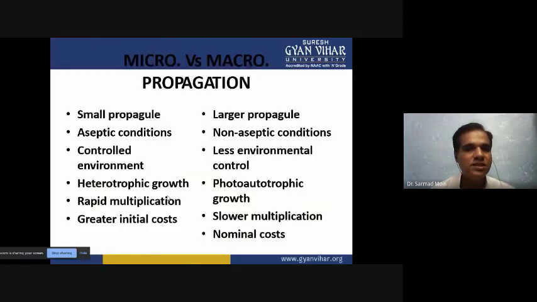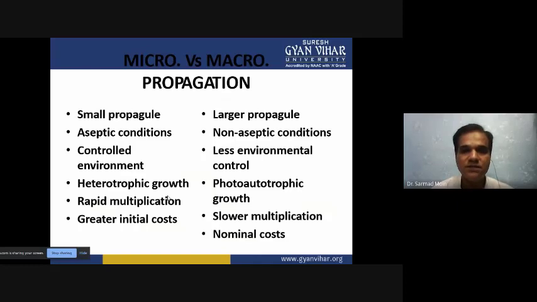Now, two terms: micropropagation and macropropagation. If we take the plant explant at the micrometer scale, we call it micropropagation. From that small part, in the micrometer range, we propagate n number of plants.